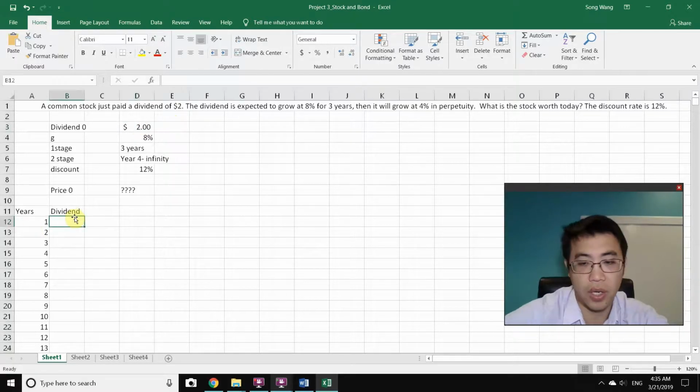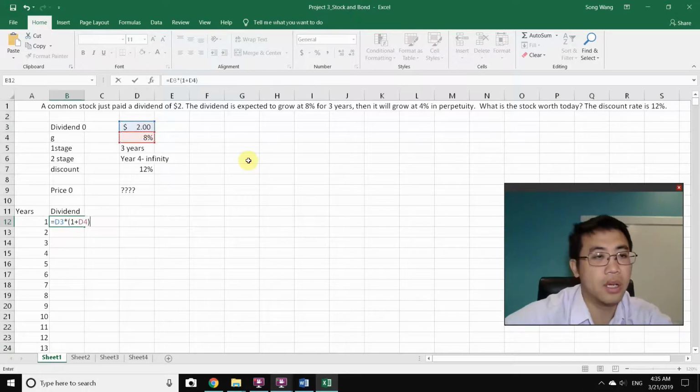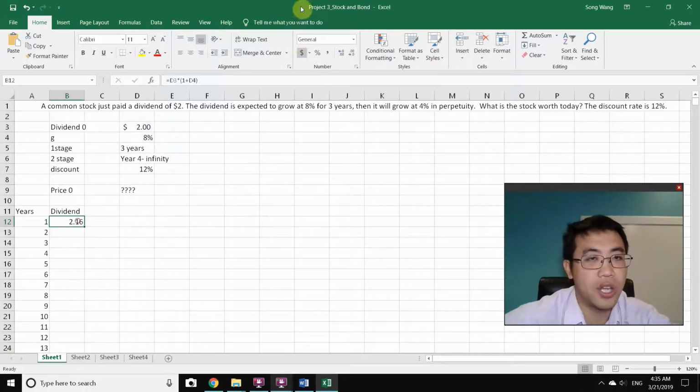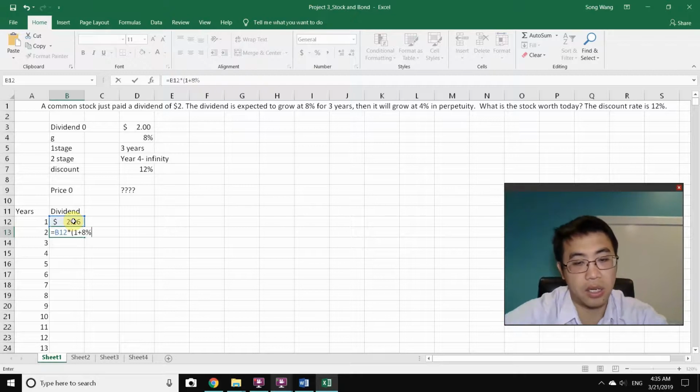So my first year dividend will be the $2 times 1 plus the 8% growth rate. In the first year, my dividend grew to $2.16, and in the next year, it will keep growing from last year's dividend by 8%.